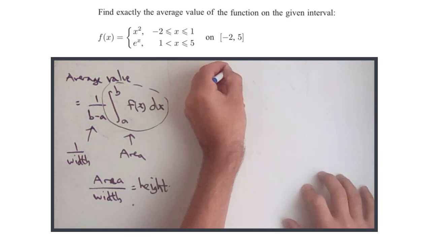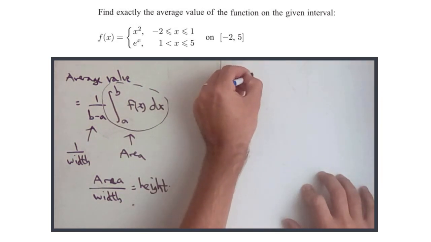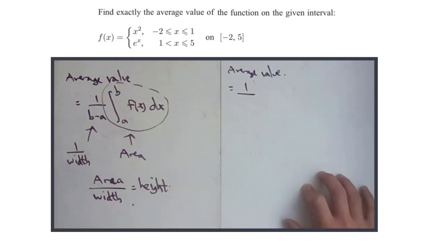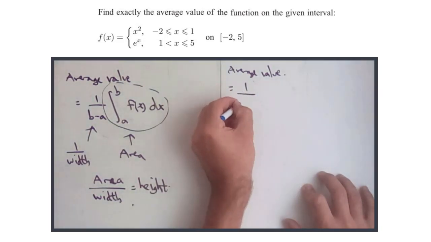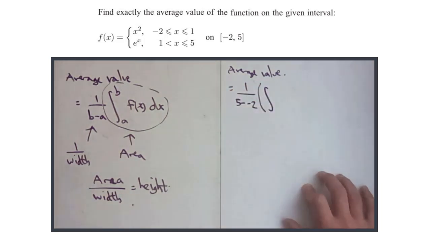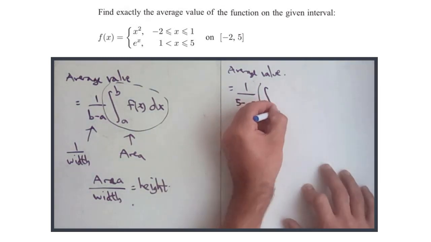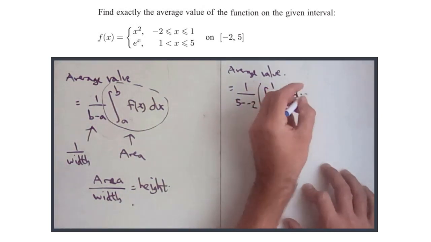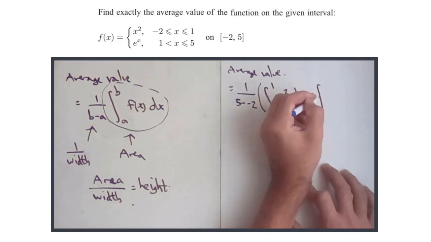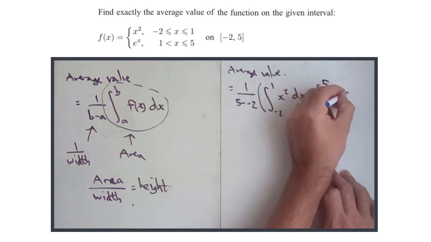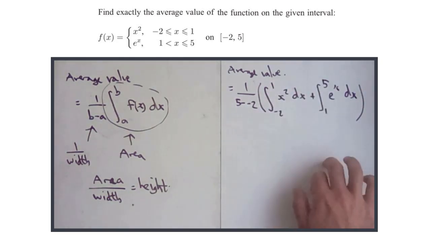So the average value is going to be 1 over b minus a, where b is 5 and a is -2, so 5 minus -2, of the integral between -2 and 1 of f of x, which in that case is x squared dx, plus the integral between 1 and 5 of e to the x dx. We're going to have to do these separately, or it's not going to work.